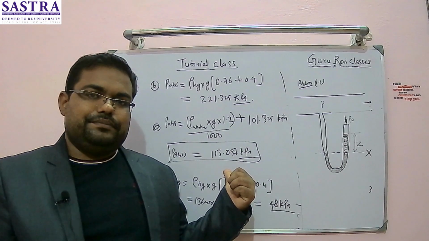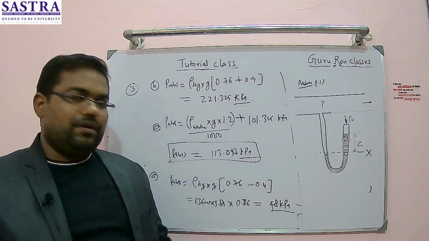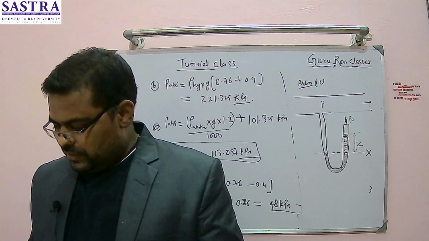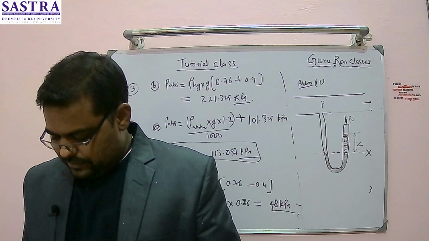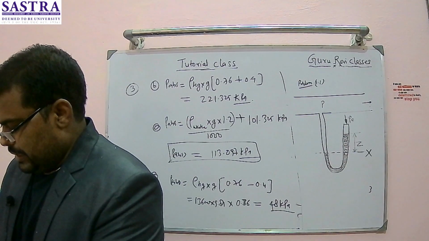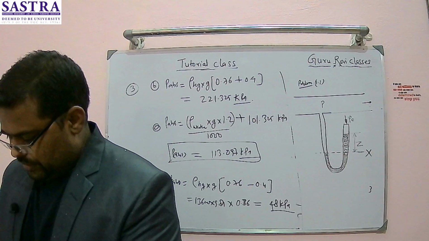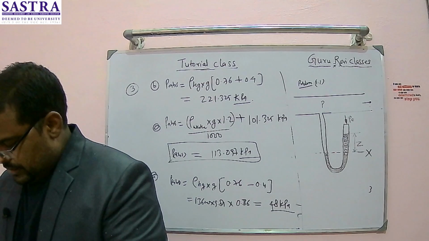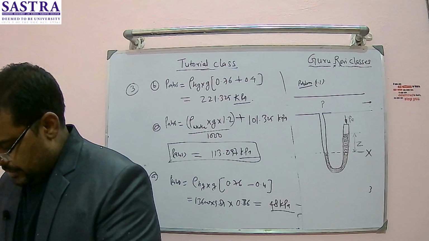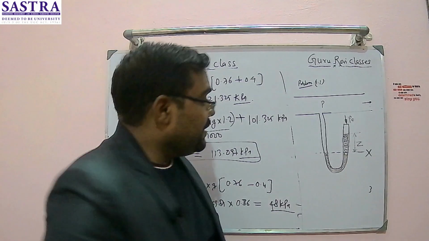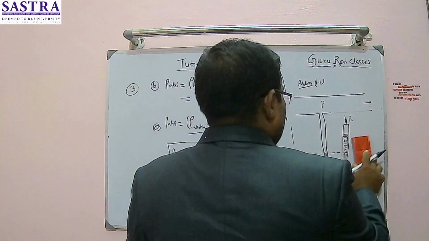Clear? So I don't think there should be any problem in converting this pressure. So now we can go for the next numerical problem. I will not be solving that many problems, so I will give you one more problem, the simplest case. The same problem I will modify here.